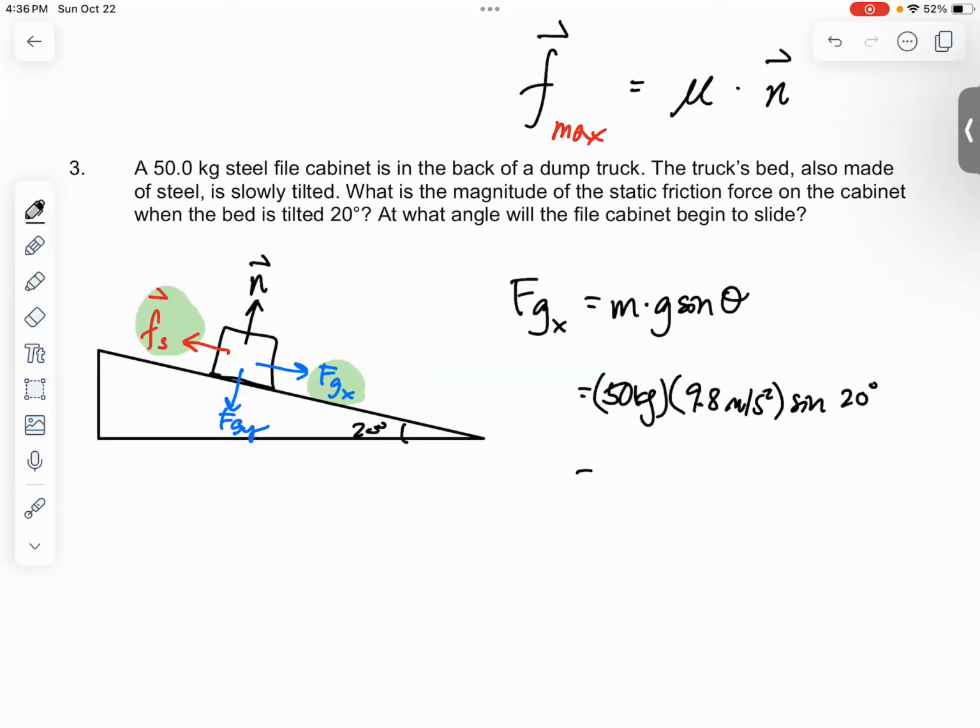You should get an answer, and that is 168 newtons. Okay, so going forward, the force due to gravity in the x direction is 168 newtons, and therefore the frictional force must be going in the opposite direction with the same magnitude.